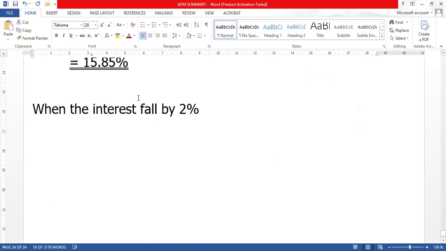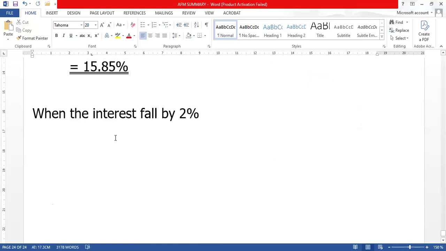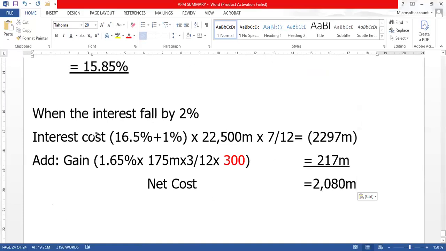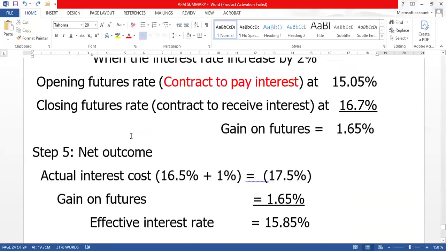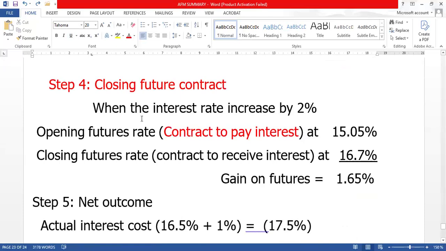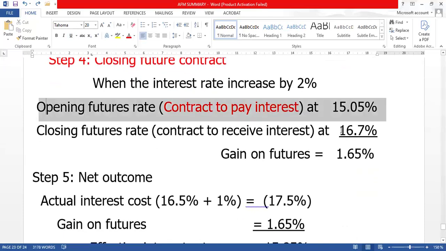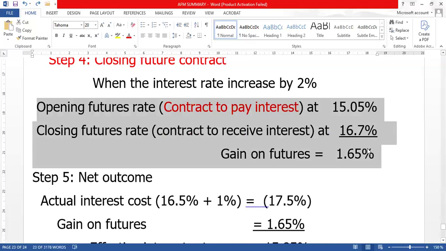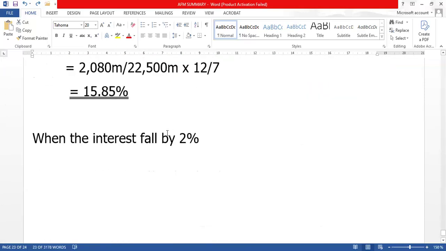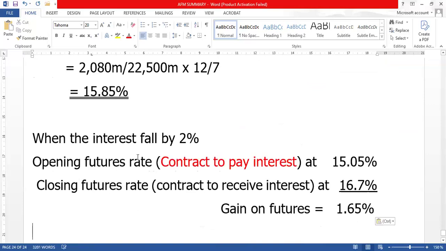Before we go to that, you need first to know, when the interest rate falls by 2%, do we have a gain or a loss? So compare.